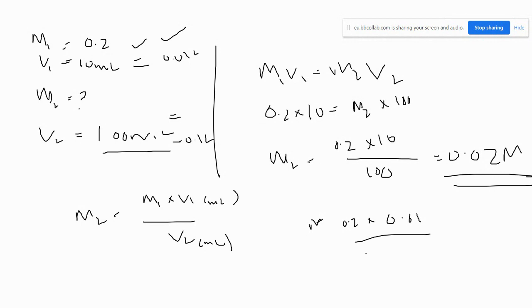And V2 is 0.1. Still, you will get the same answer. So no need to waste your time in dilution to change into liters from milliliters. Keep milliliters there, because they will cancel out at the end. You'll find only the moles per liter. Clear or not?